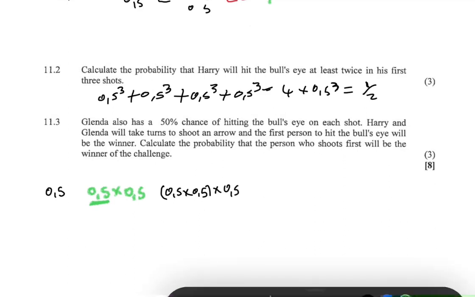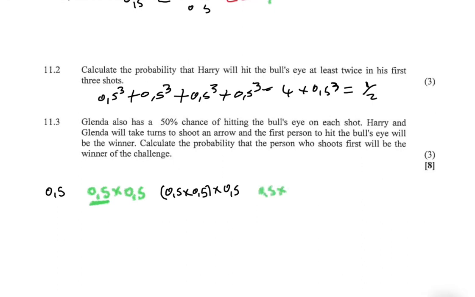And then assuming that Maguire also misses his shot, Glenda will take a shot, which will be this probability of Maguire multiplied by 0.5. So we're going to have 0.5 multiplied by 0.5 multiplied by 0.5 multiplied by 0.5, right? And then let's assume again that Glenda misses.